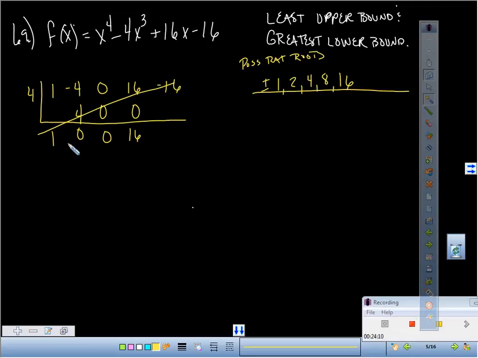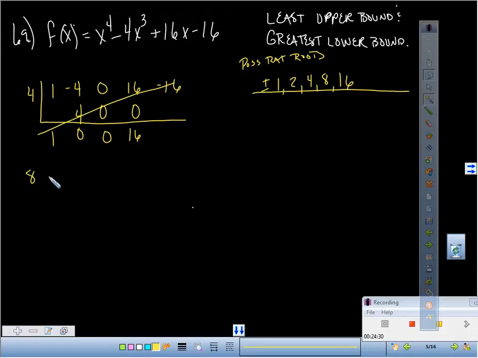No. 4 didn't work, guys, because it went plus, minus, plus, that didn't make minus. Zeros can be anything. They can be positives or negatives. But a 4 gives you a positive. This can be a negative. This can be a positive. But that's not a negative. Okay? So, who do I try next?